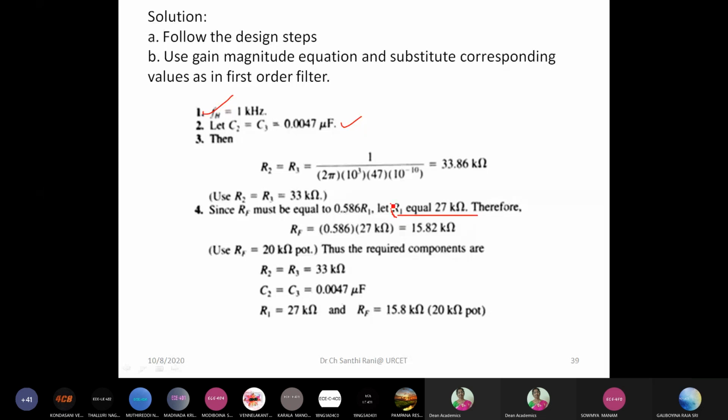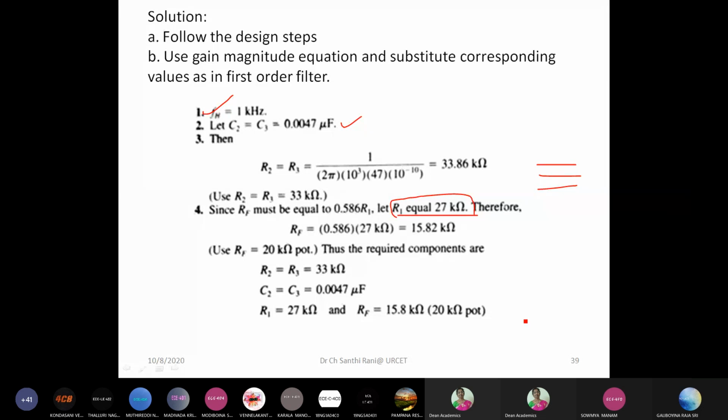You may feel that. So while assuming these values, you should have some little practical knowledge. That means you should know what the various standard values of resistors are. I told you to refer to Bell textbook, or Boylestad, or Bell.